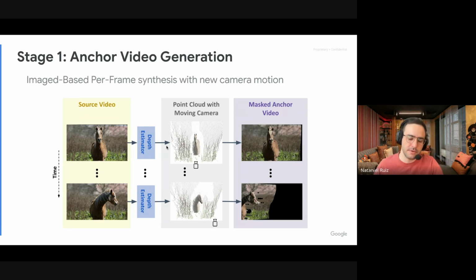So here, for example, you have point cloud-based re-angling, where using a depth estimator, you can generate a point cloud of the scene, and then you can re-angle the scene and reproject the pixels such that you have a different angle of the scene. In this case, there's a translation, so the camera is moving from left to right.